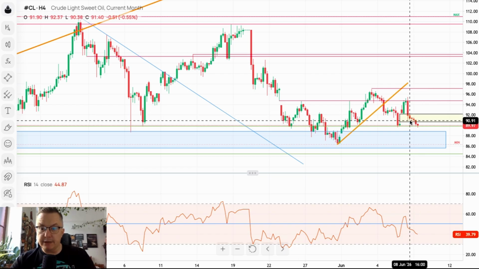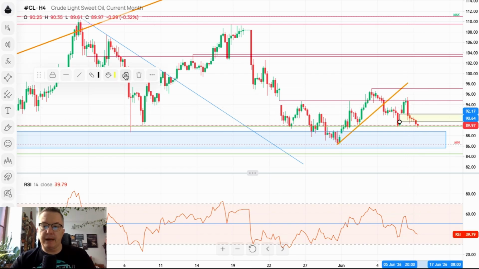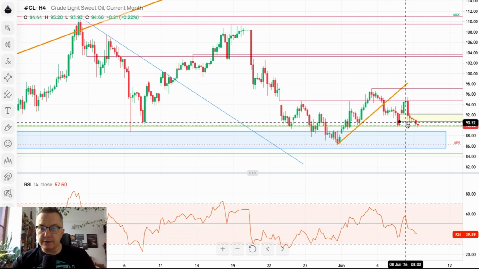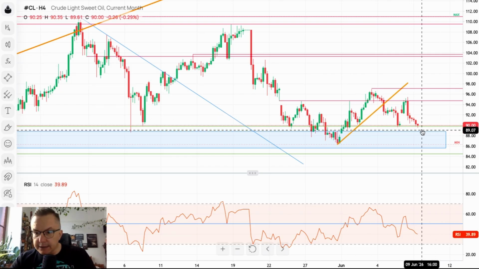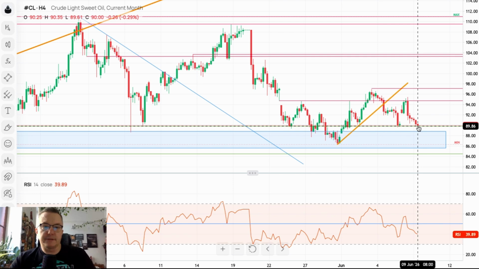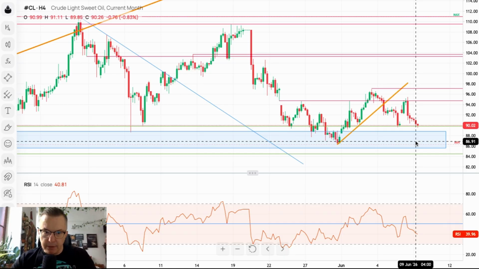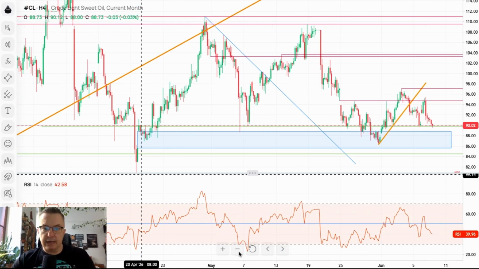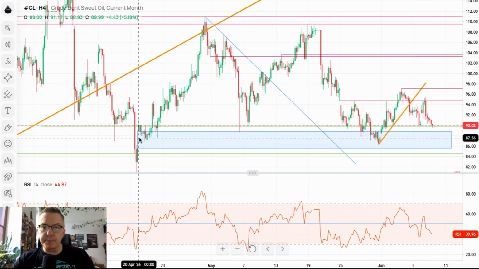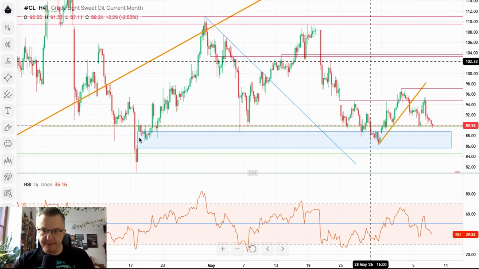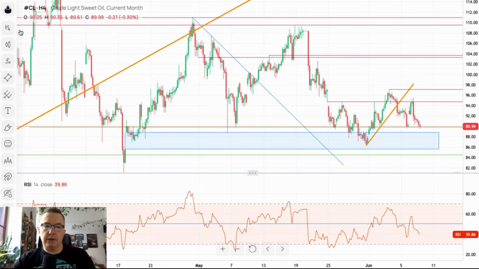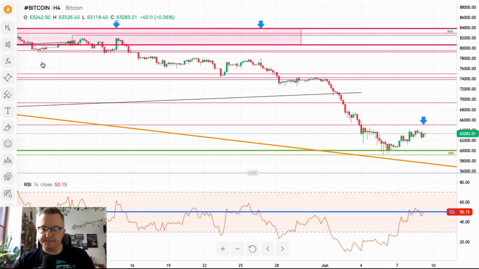The gap from Monday is filled, and now we are back below the level of 90, current price 90 something, local low 89.69. And we might finally fill this blue gap, which is the gap from the end of April 2026, right? So please notice crude oil is under a little bit of pressure.